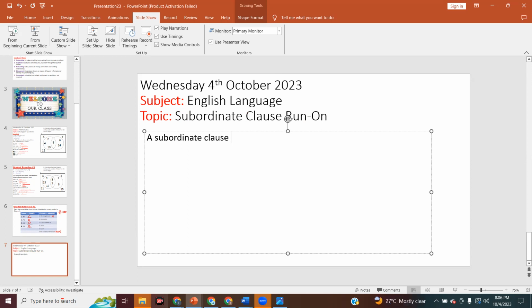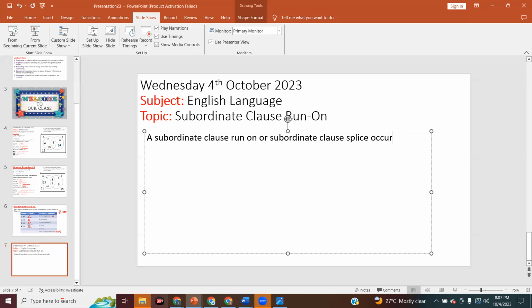Subordinate clause run on, or sometimes we call it subordinate clause splice. So it's two names. For the independent, we call it comma splice. But for this one, when you have a dependent clause with another dependent clause and use the wrong punctuation, we call it a subordinate clause splice.